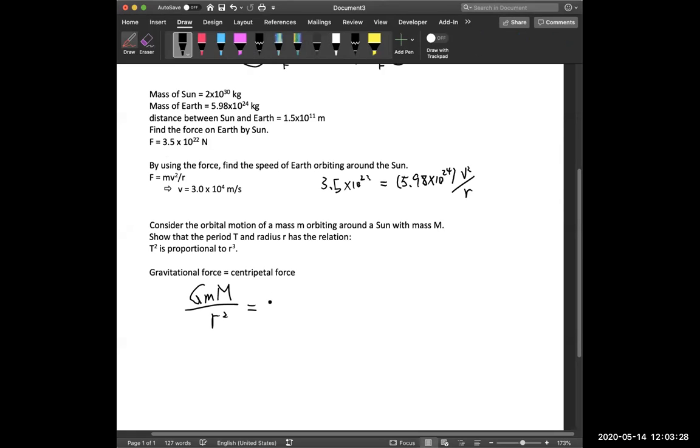And then the formula for the centripetal force of the small m should be m r omega squared, because I can get the period directly from the omega. That is 2 pi over period. Okay. If you can't get the answer, then you can still try it.